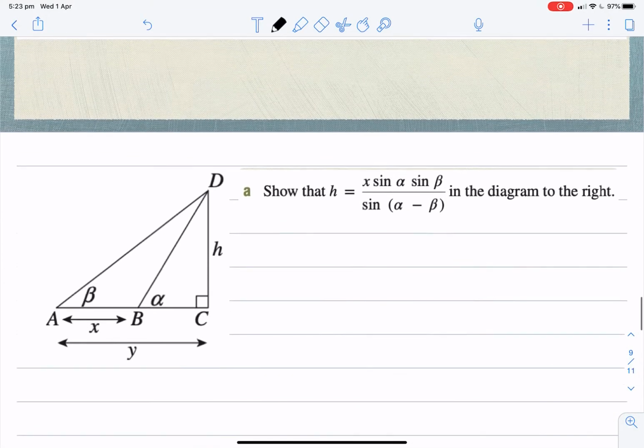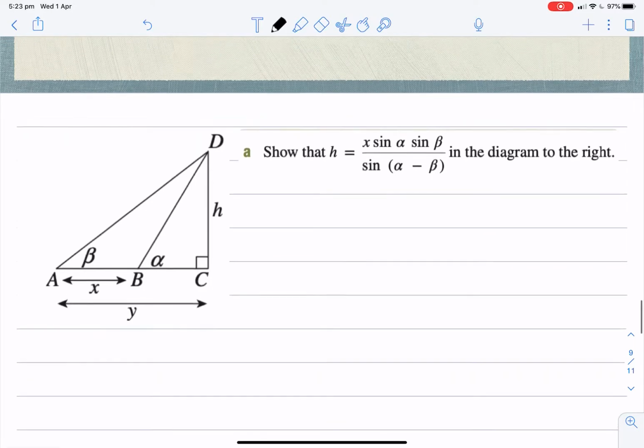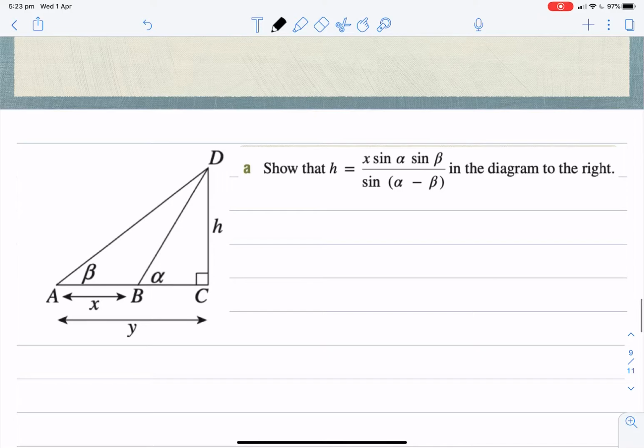I'm just going to copy the triangle down here and then the question down here. To approach this question, the first thing I look into is what we have in this equation. We've got x, alpha, beta, alpha minus beta. Alpha minus beta is a really good hint, I reckon.